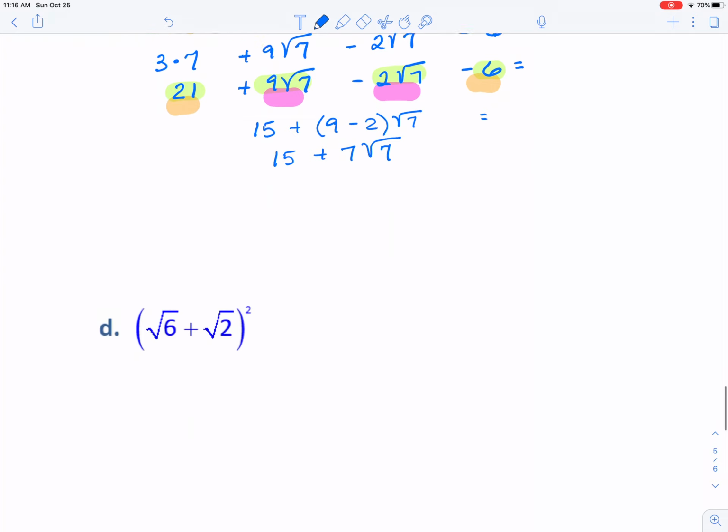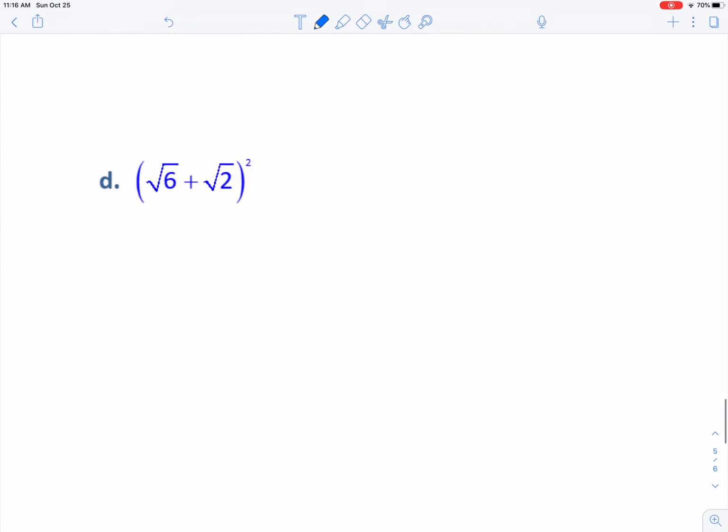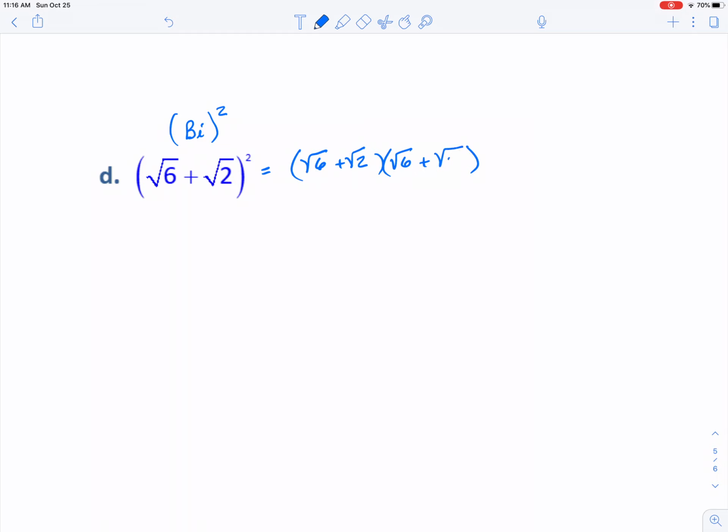All right, so this next one is very similar. It's a binomial squared. And what that means is you write this binomial down twice, as a multiplier. That's what the exponent tells you: use the base as a multiplier, in this case 2 times.